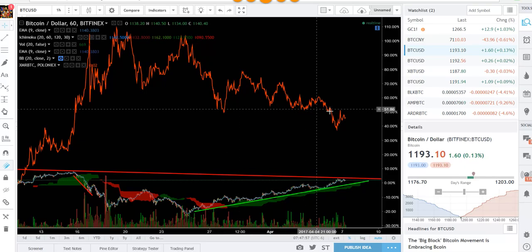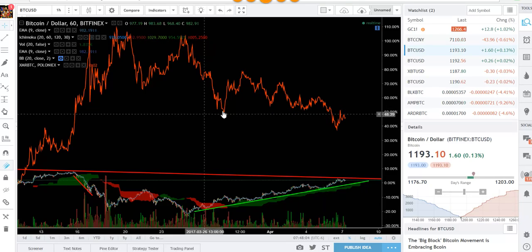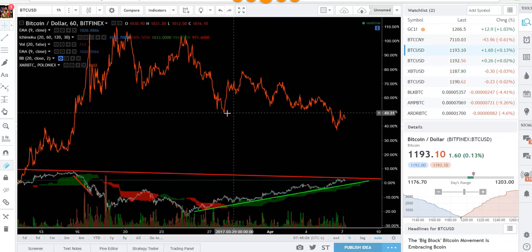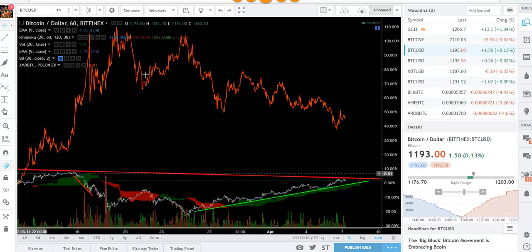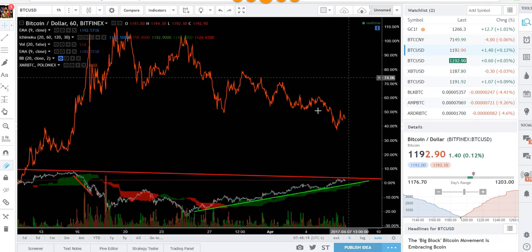But right here, as it was holding that level, this is basically the 50% retracement of the entire move. This Monero was holding a 50% retracement for a while, waiting for the right moment to spark out of here and create its next wave up.